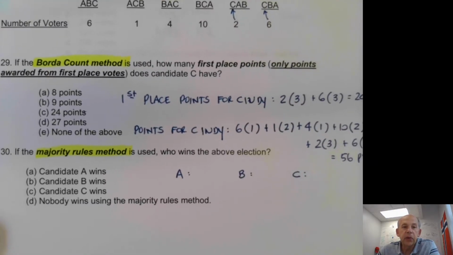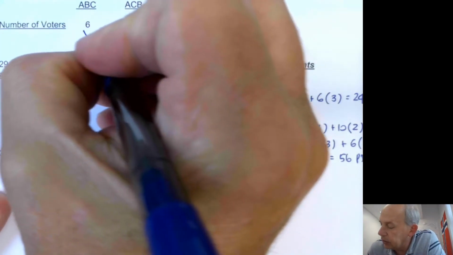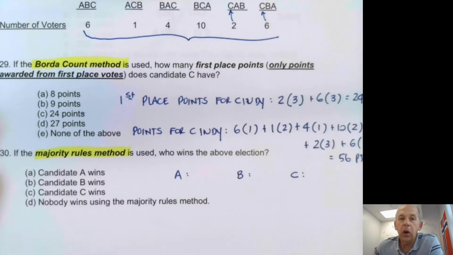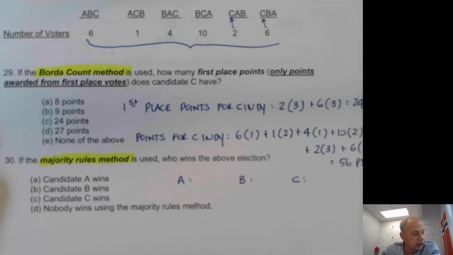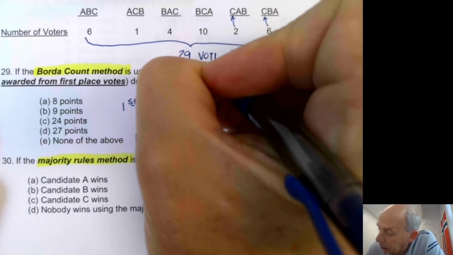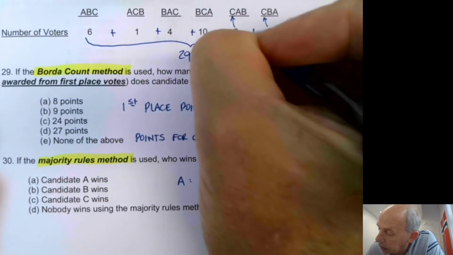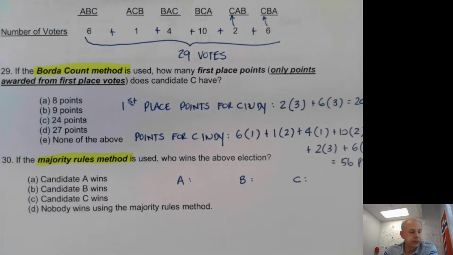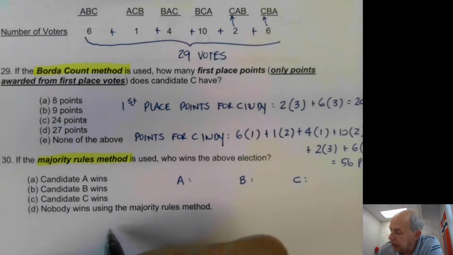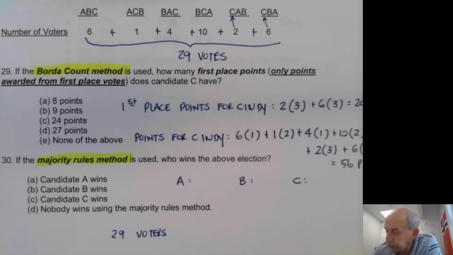Now, for number 30, we want to do a majority rules and see who wins this election. So what I have to do here is add up all of these voters so I can see what's needed as a majority. When I add up all of those voters, I would get a total of 29 voters.